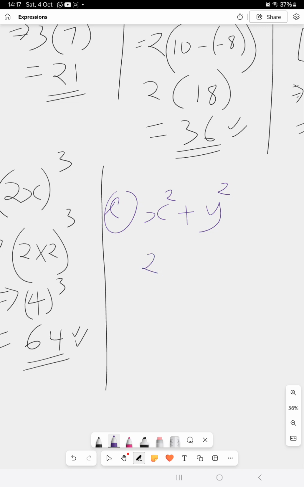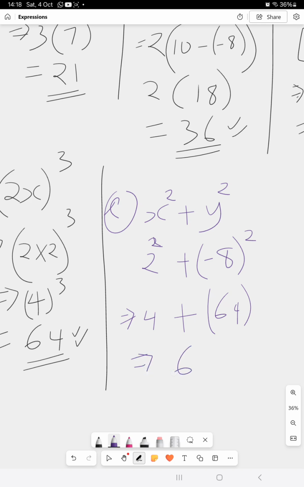This means it is 2 squared plus negative 8 squared. Take note, see how I have placed my brackets. Otherwise, if you write it wrongly, you feed in the calculator the wrong thing and you get the wrong thing. So in this case you get 4 plus 64, and when you add these two, you get 68.